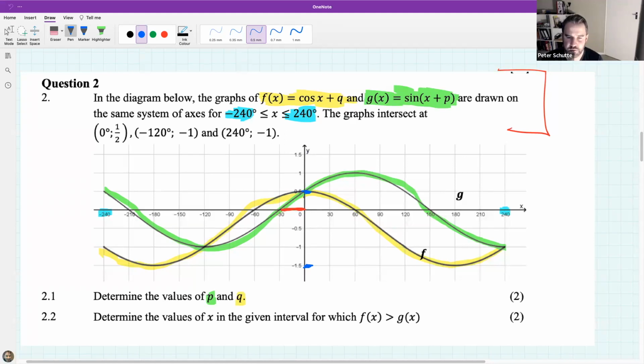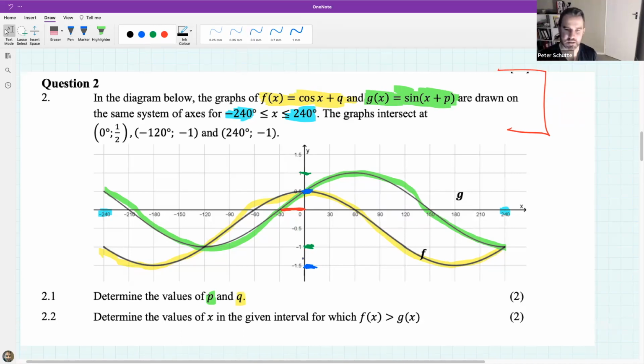So if we look at Q, what has actually happened? Let's look at the yellow one. A cos graph normally goes between 1 and -1, right? So the green one is where the cos graph will normally be. But what's happened in this case is this yellow cos graph is now between the blue things.